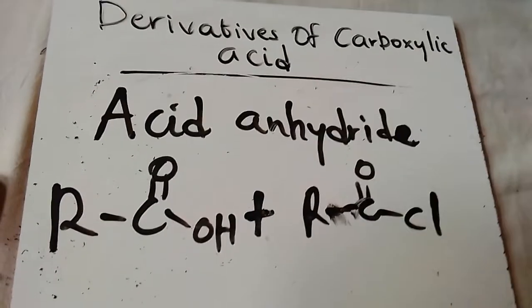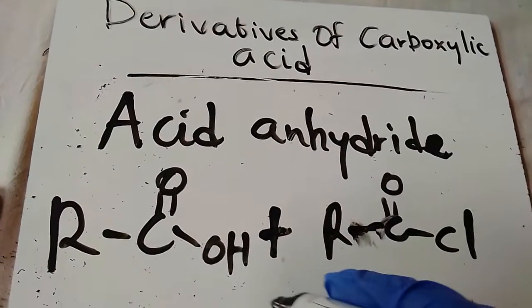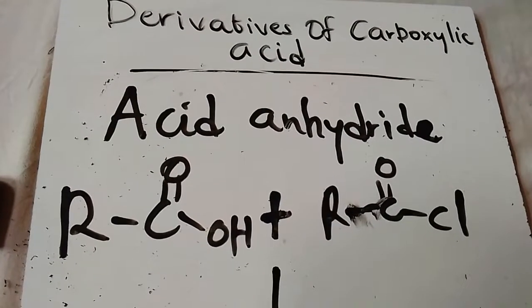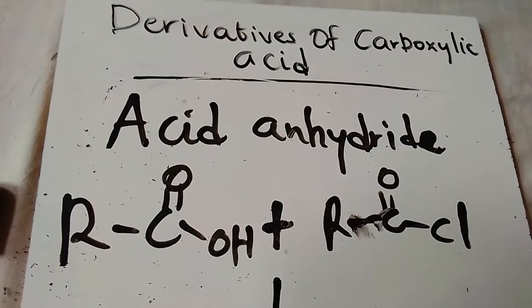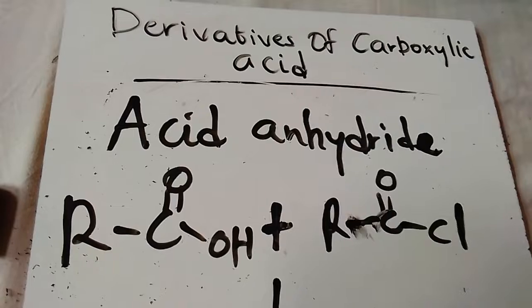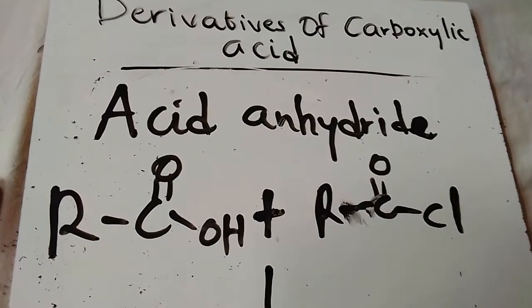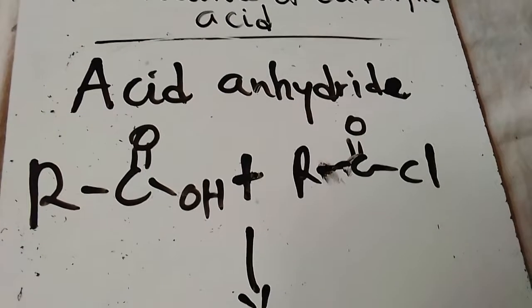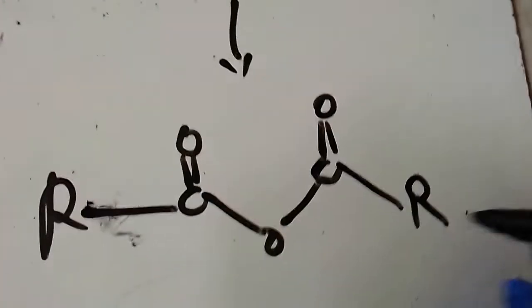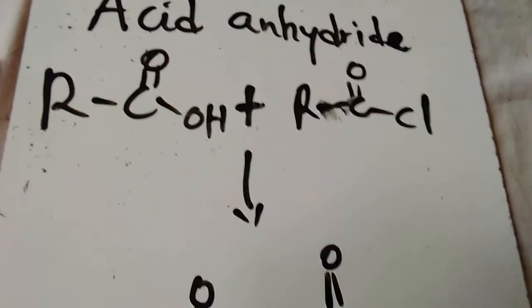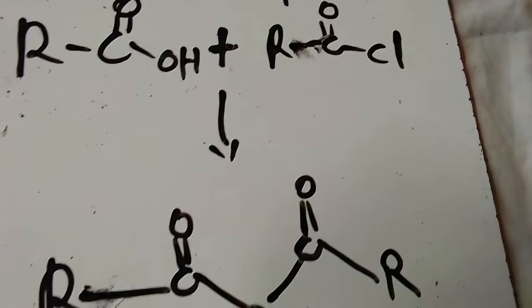We are going to produce an acid anhydride. So this compound is what we call an acid anhydride. It is produced by reacting a carboxylic acid with an acyl chloride.